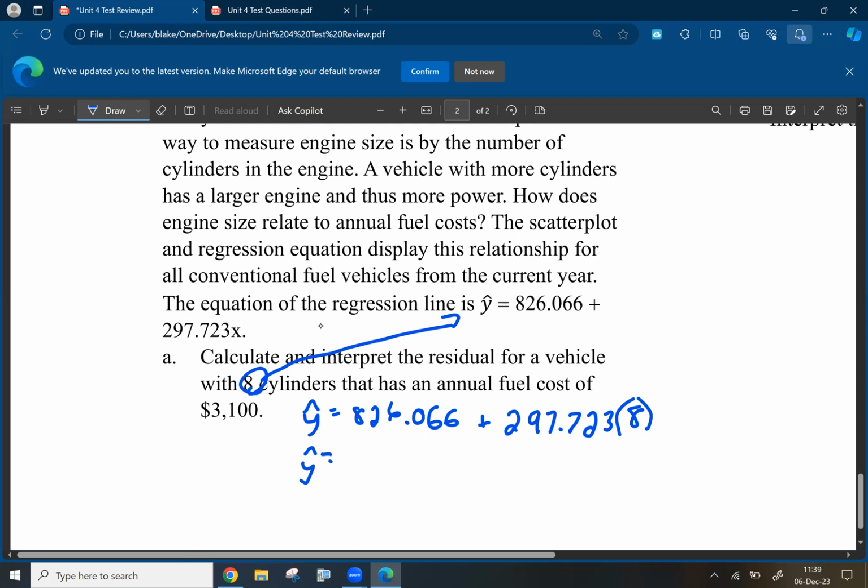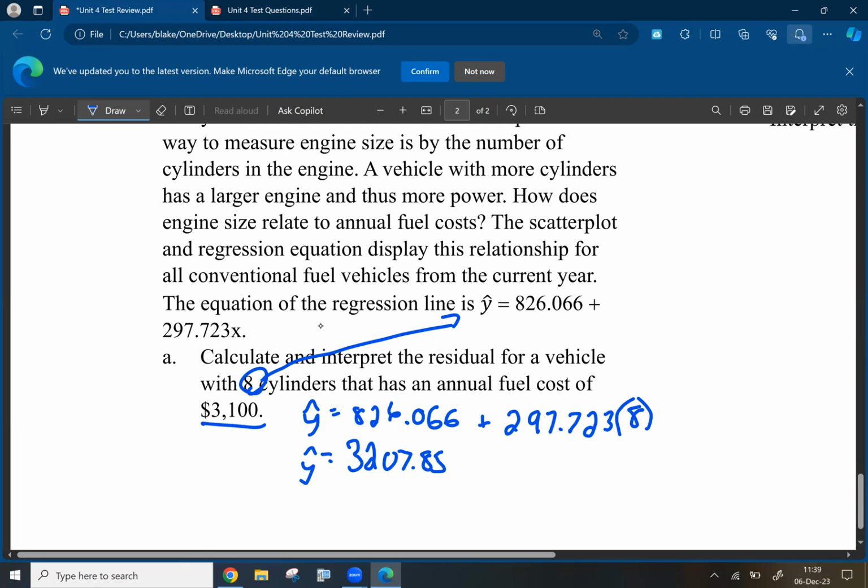And so that predicted value for 8 cylinders is 3,207.85. So that's the predicted fuel cost.